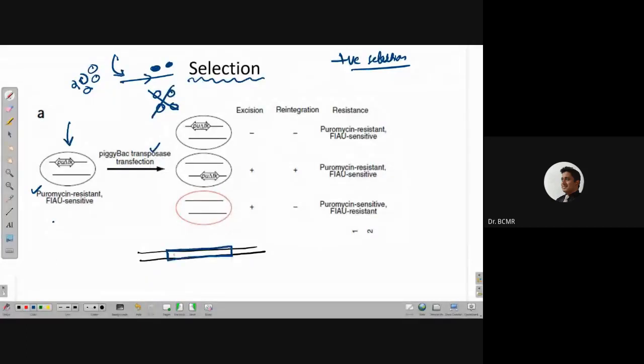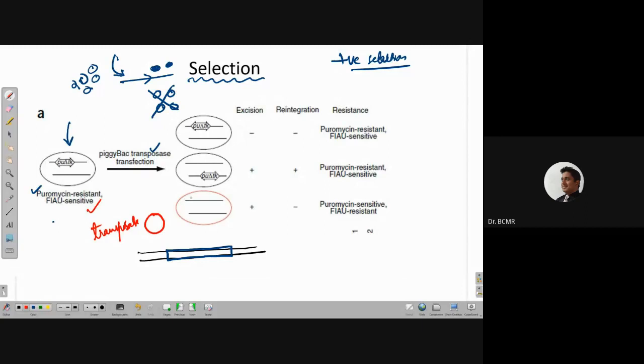To excise this transposon, you need an enzyme, the transposase. So you transfect the cells with a transposase after induction of pluripotency, not before that.